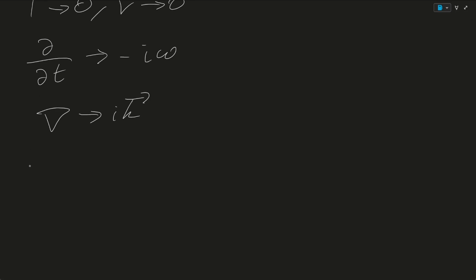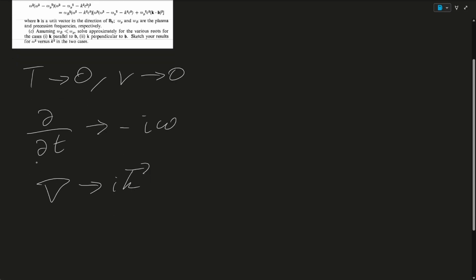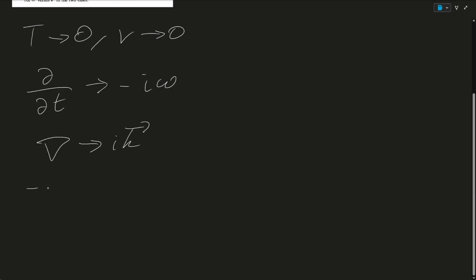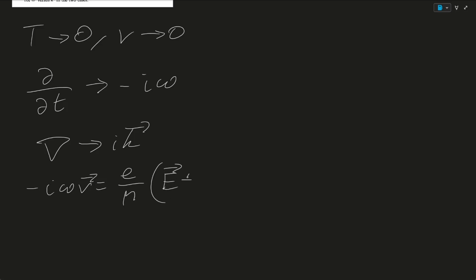And so we get the linearized electron momentum equation, which should just be minus i omega v is equal to e over m, E plus 1 over c v cross B naught.